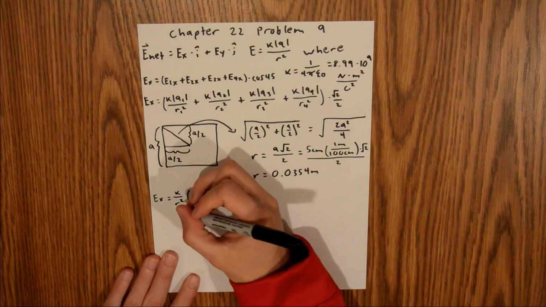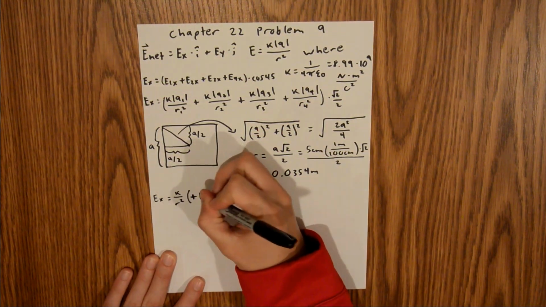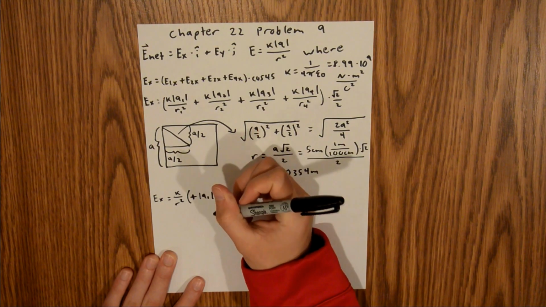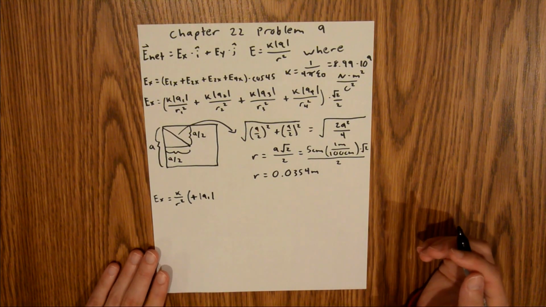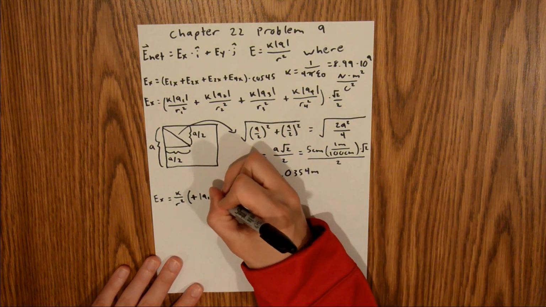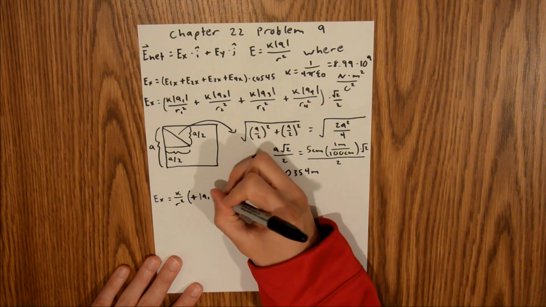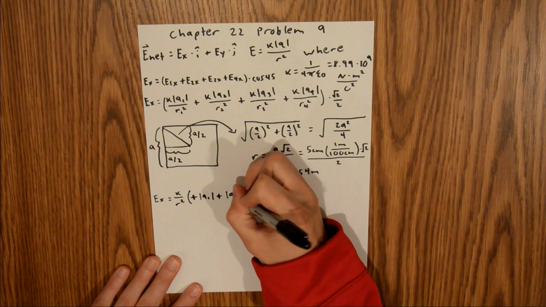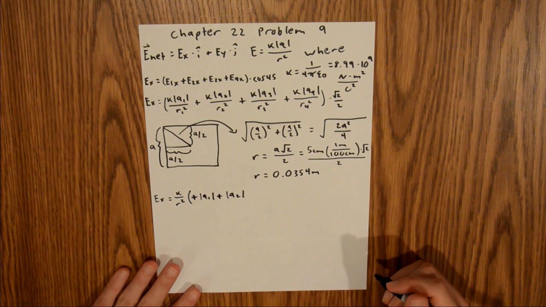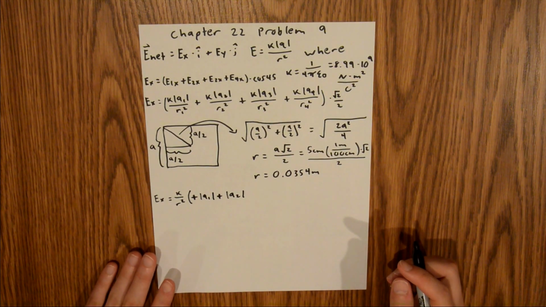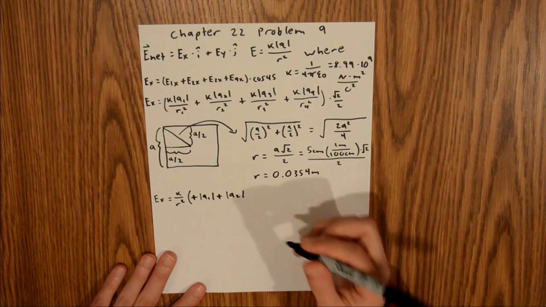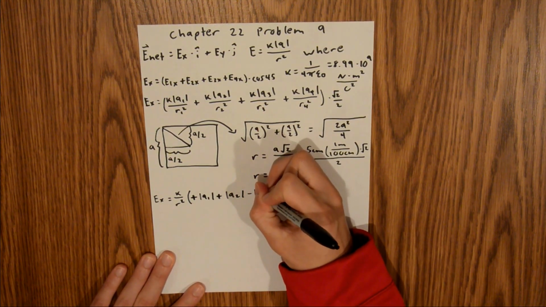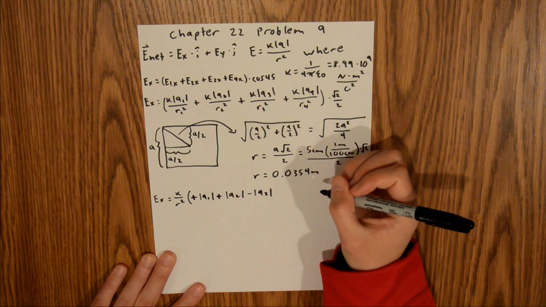And so we're going to have a positive sign on charge 1. Charge 2 is negative, so the electric field is flowing toward it, which is also in the positive x direction, so that's plus Q2. And for Q3, our Q3 is positive, so it is flowing away from Q3, which is in the negative x direction, so that's negative absolute value of Q3.